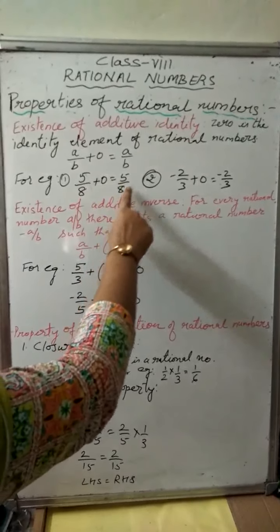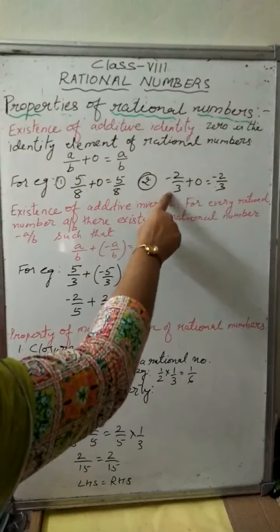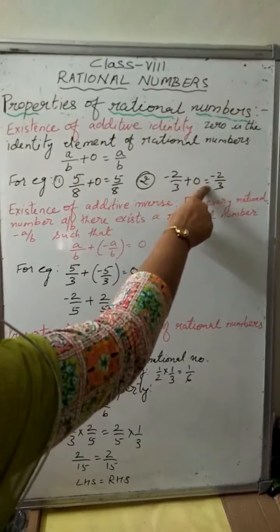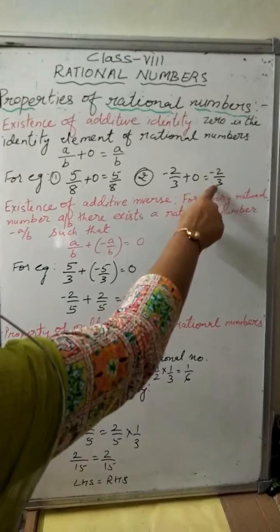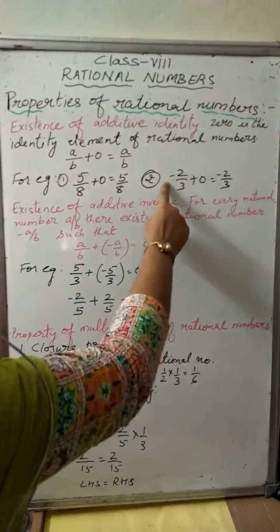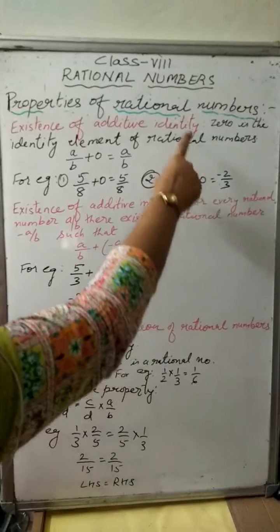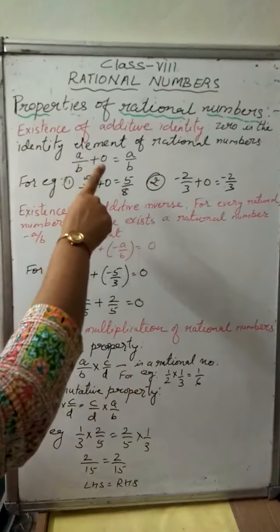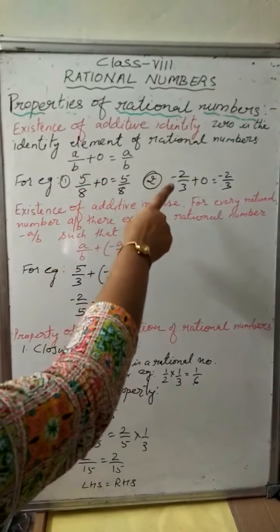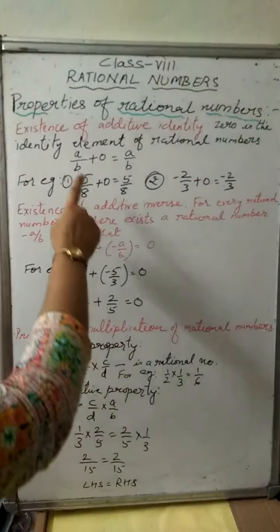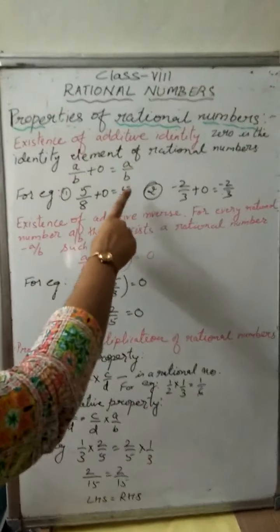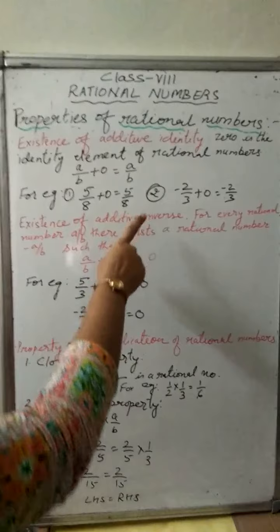One more example, minus 2 by 3 plus 0 is equal to minus 2 by 3, that is the number itself. So therefore 0 is the identity element, or you can say additive identity, of rational numbers.